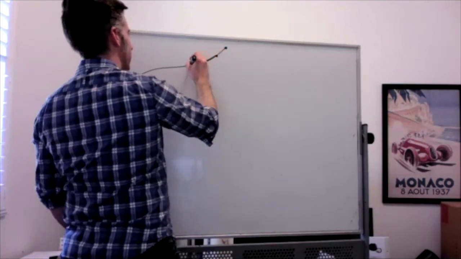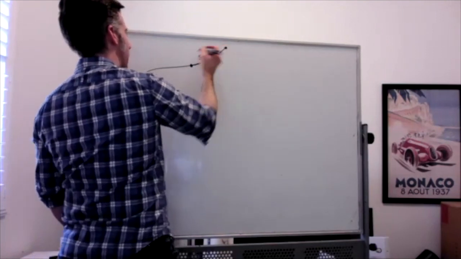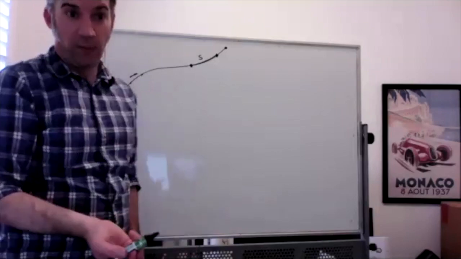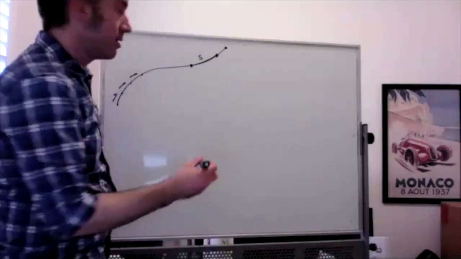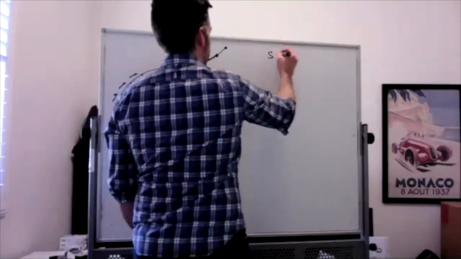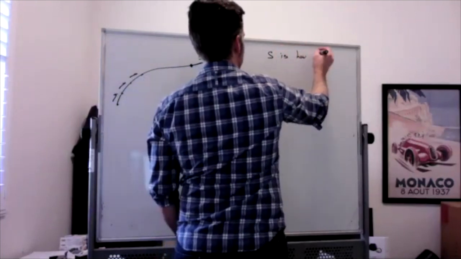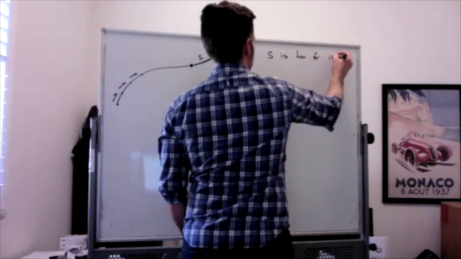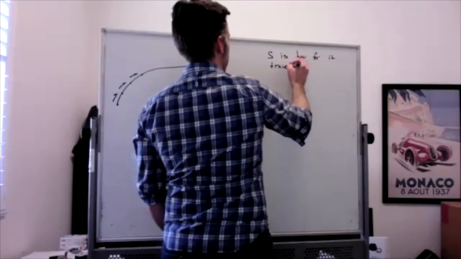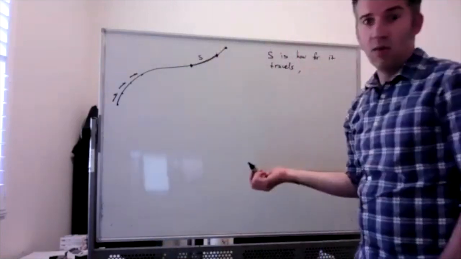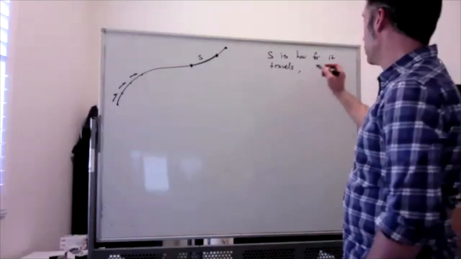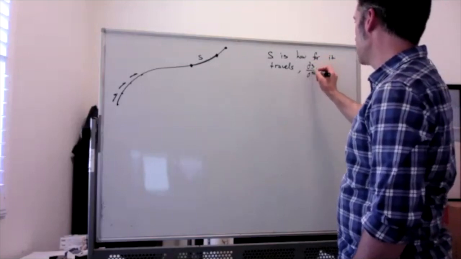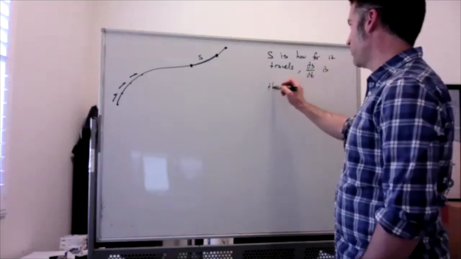This length it travels, s, is how far the particle travels. And the reason I mention this is because then we can think about what ds/dt is. ds/dt is the particle's velocity.